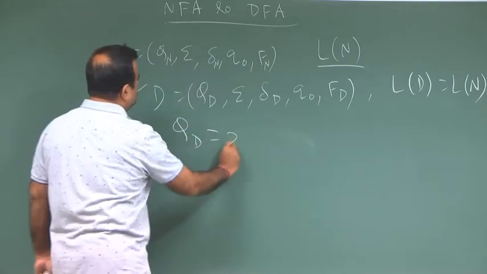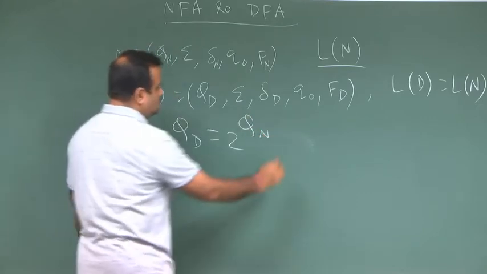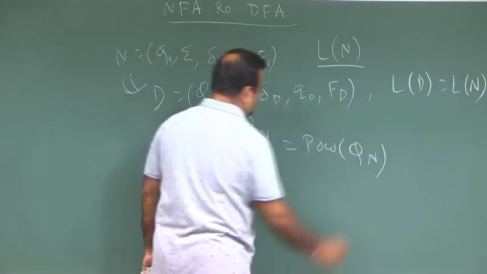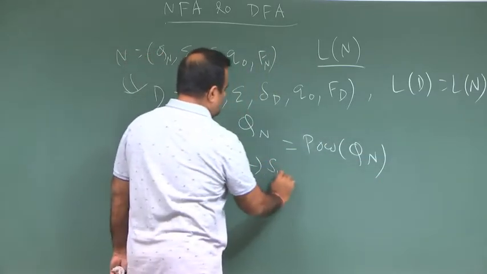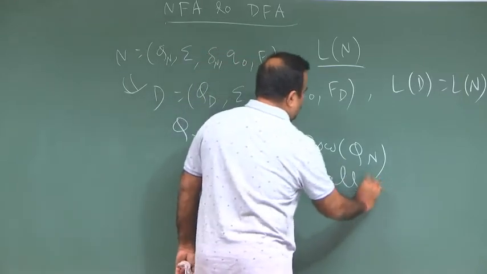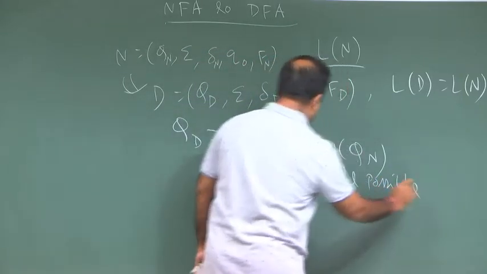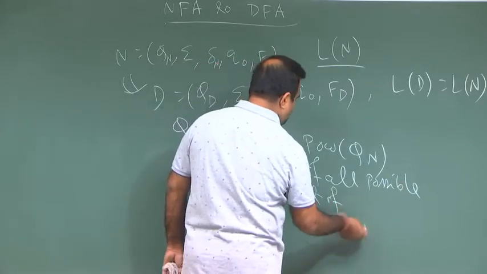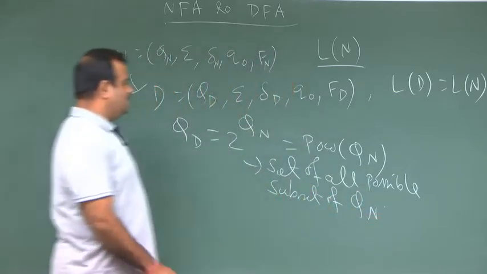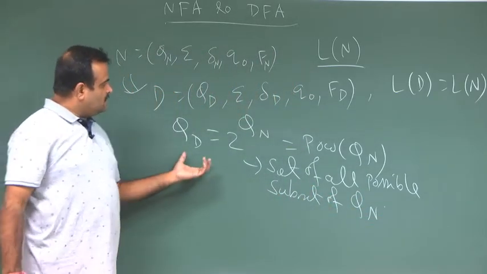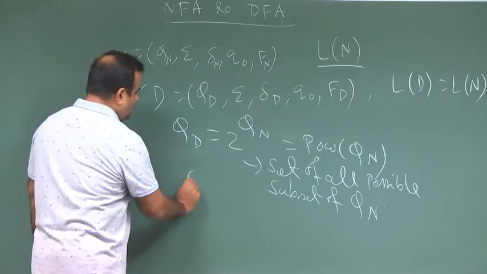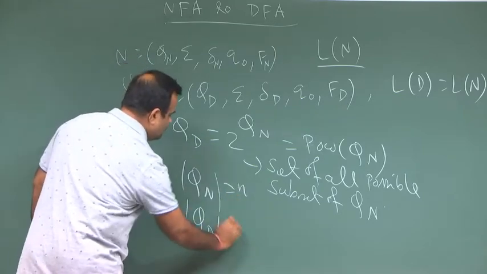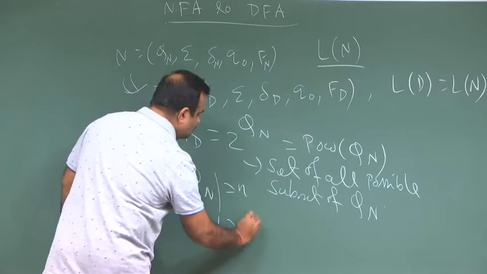QD is 2 to the power Q, the power set of this, the set of all possible subsets of the states in NFA. So, this is a huge number. If there are n states in the NFA, if |Q| is equal to n, then QD will be the cardinality of this set, which is 2 to the power n.